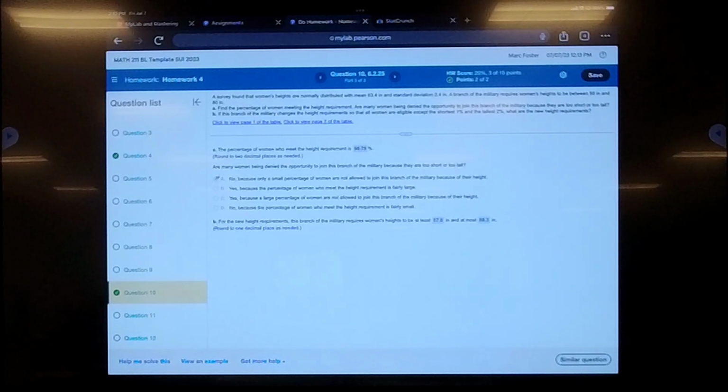Well, look at how it says they want to let in people who are taller than the shortest 1%. So at some point, I'm going to need to find what height gives me the shortest 1% of people. Go to the calculator.